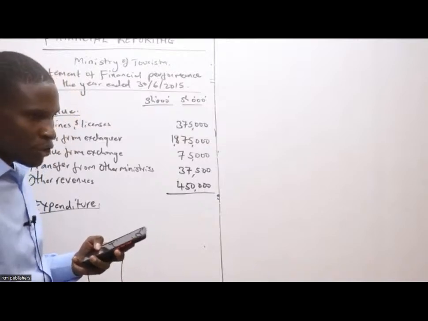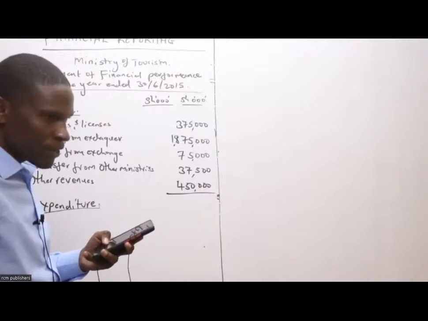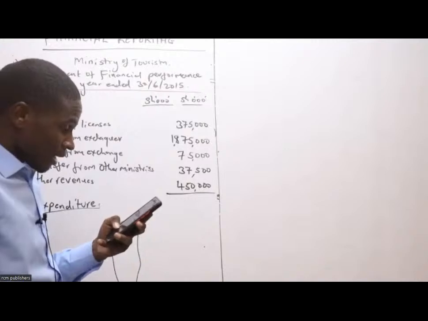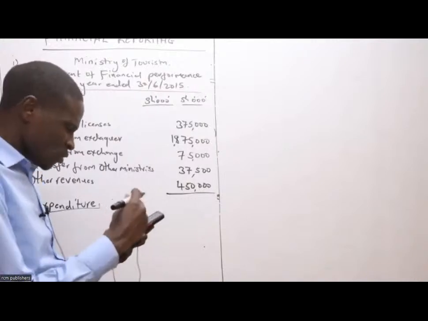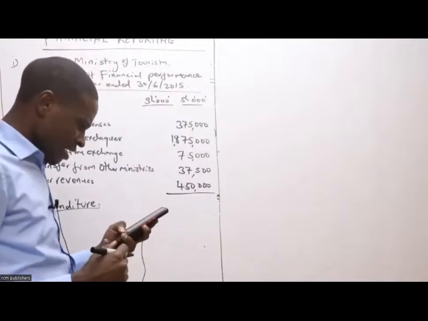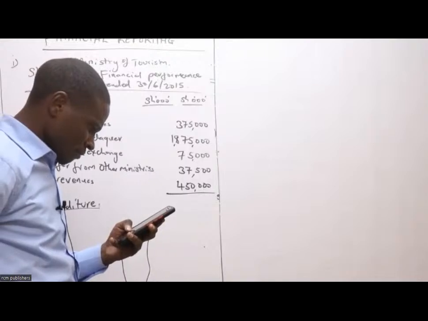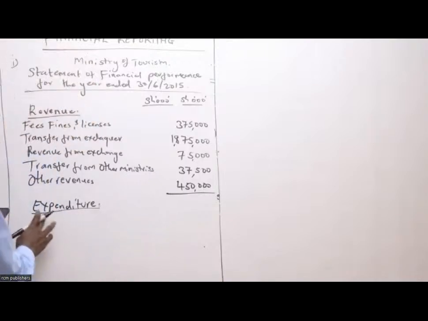So I need someone else to confirm whether that is the correct figure, and whether this figure aligns with what we have. When you are looking on the phone, fees and fines is 375, okay. Let us get another person to give us that.